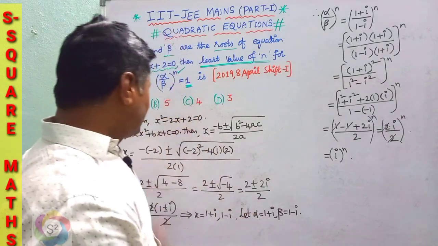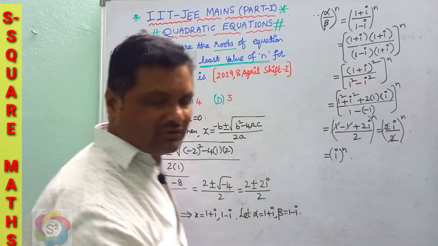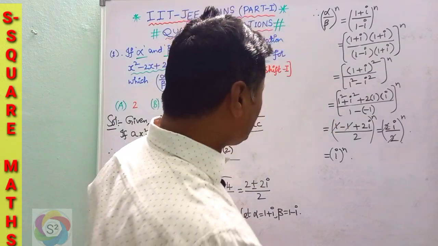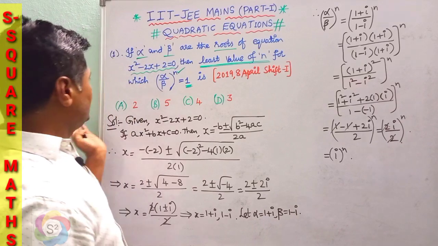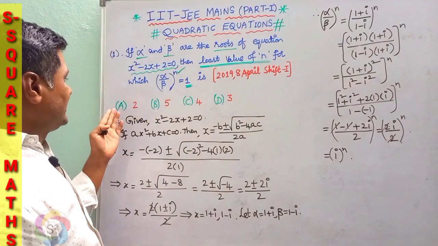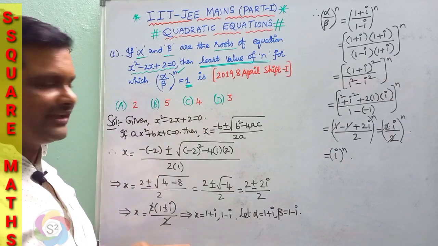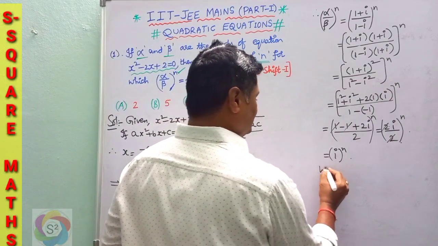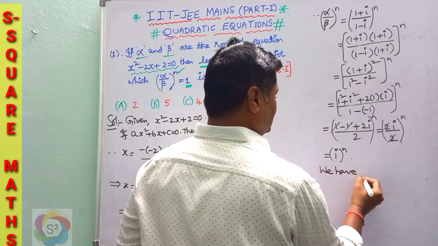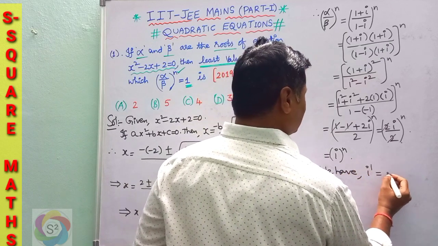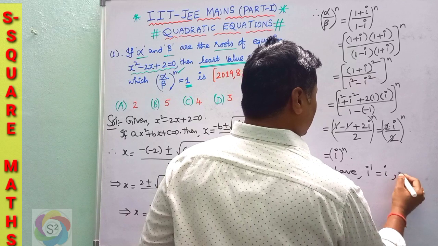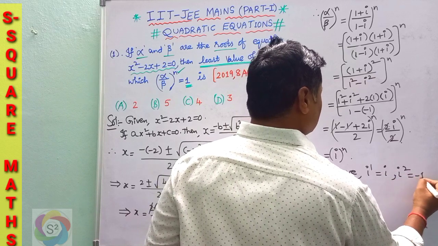So after the steps we have gone through up to here. Next, here they have given the MCQ also, whether n is 2, or n is 5, n is 4 or n is 3. They ask for the least value. So we have i^1 is i and i^2 is minus 1.